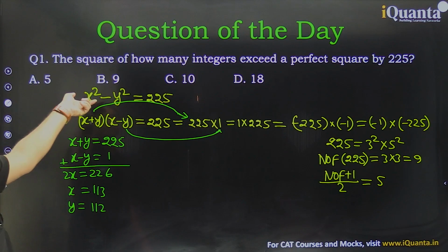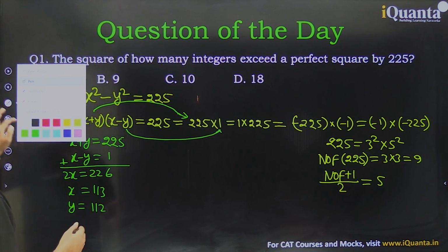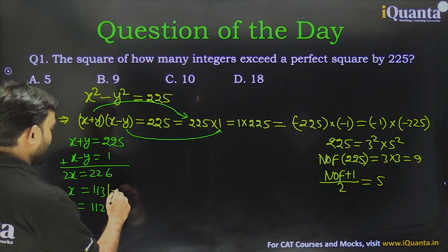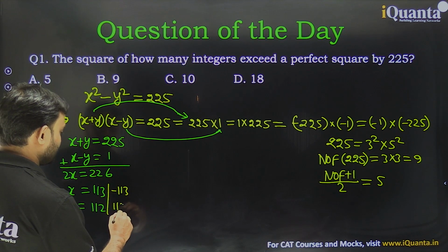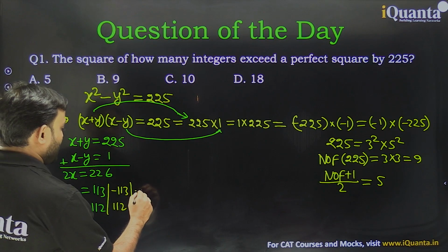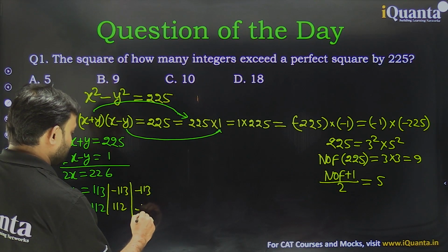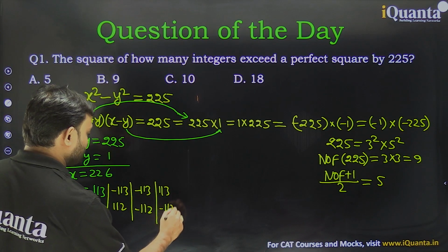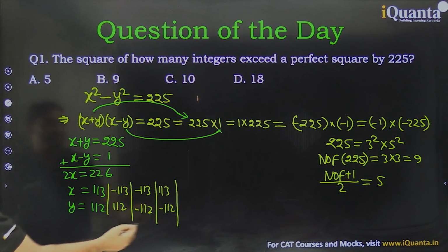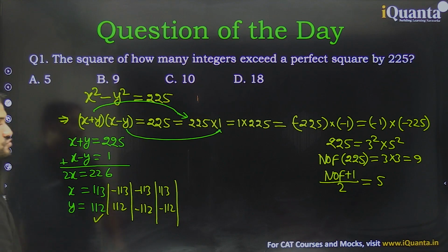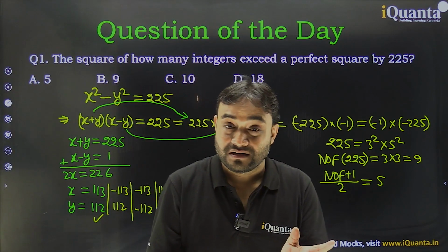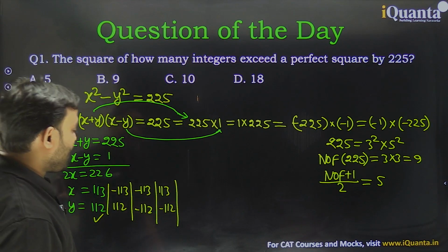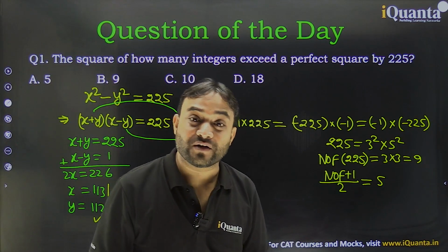Now as we are taking x square minus y square, we can also take other values of x and y, like minus 113, 112, minus 113, minus 112, 113, minus 112. So there will be 4 different variations for one, so basically 4 different quadrants. We are getting this result as per the first quadrant, and there are 4 quadrants, so 4 different pairs will be there for x, y.